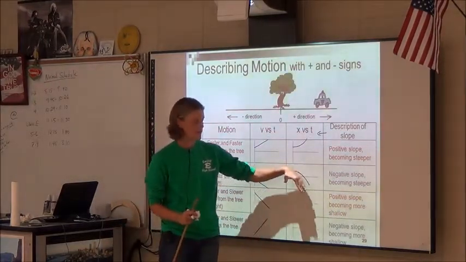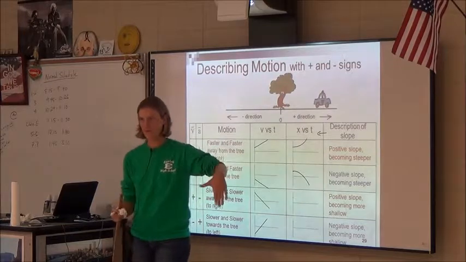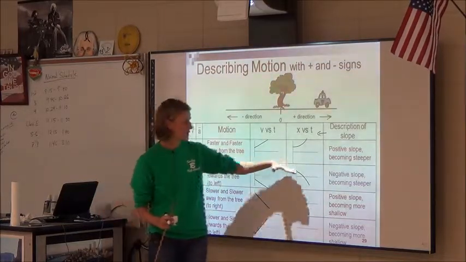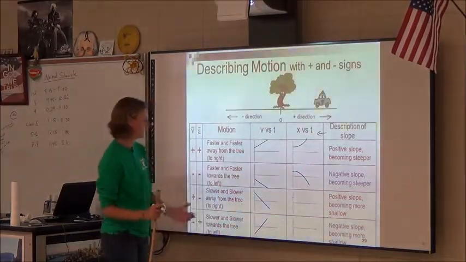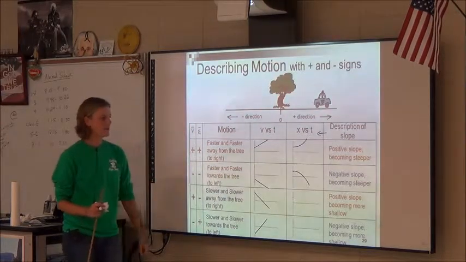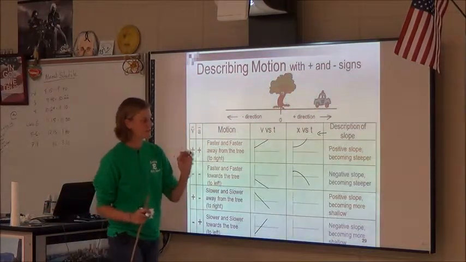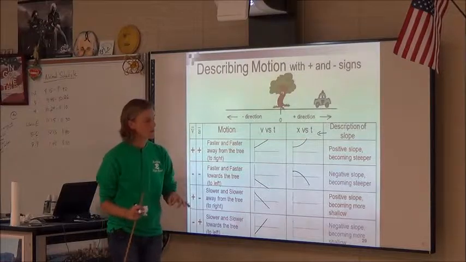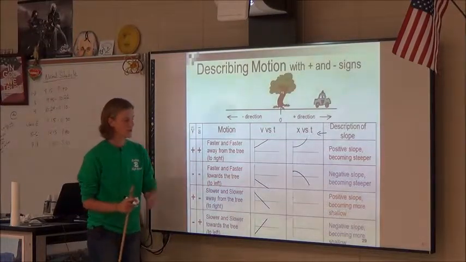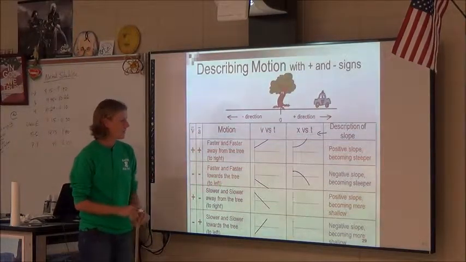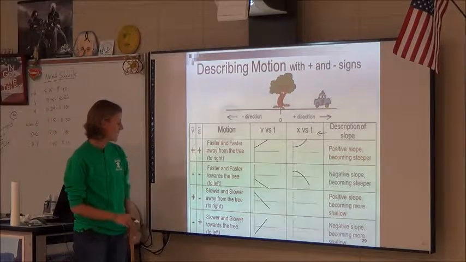Negative velocity, so it is a negatively sloped curve, but it's becoming steeper and steeper, which it should be if I'm going faster and faster. If I'm going faster and faster, it should be getting steeper and steeper. If I'm going slower, it should be getting more and more shallow. So, perfect example, that one.